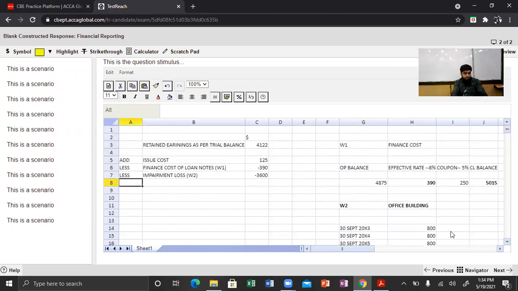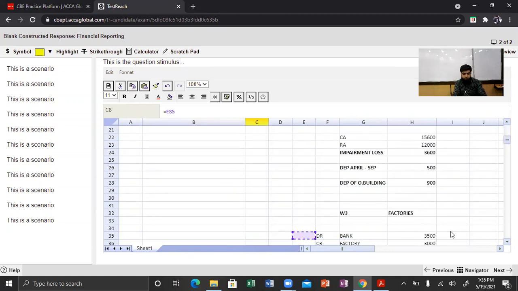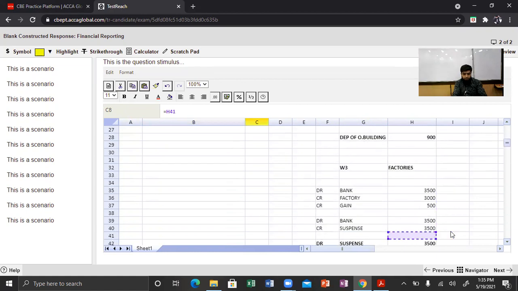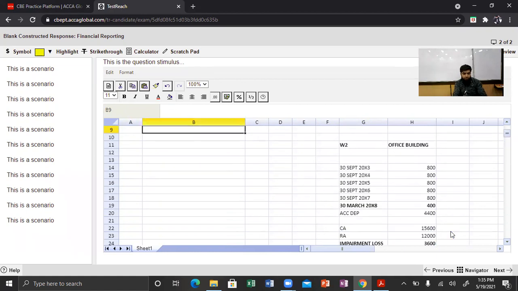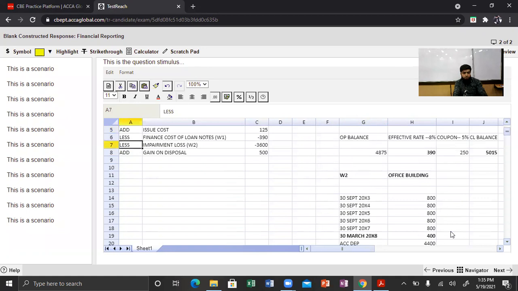So let's add up the profit or retained earnings balance. Gain on disposal, and the amount was 500. Let's link that amount, gain. So gain on disposal will also be recorded. Let's refer to working three.